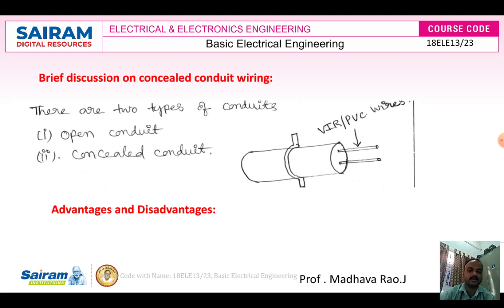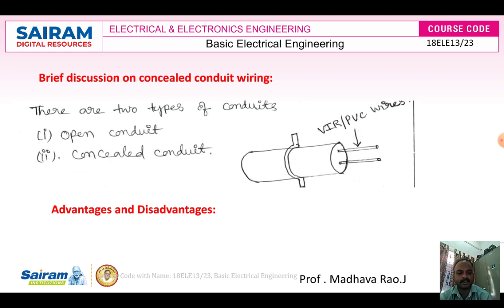And the disadvantages are: to install the concealed system, we need skilled people. Expert people are required to install the system. The second disadvantage is that the concealed system should not come near the gas pipes and water pipes, especially in kitchens.